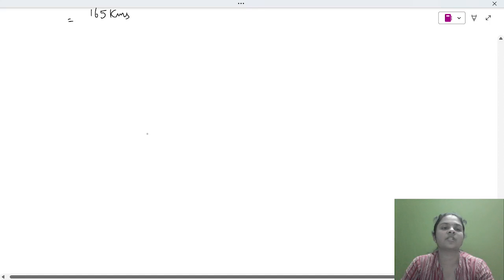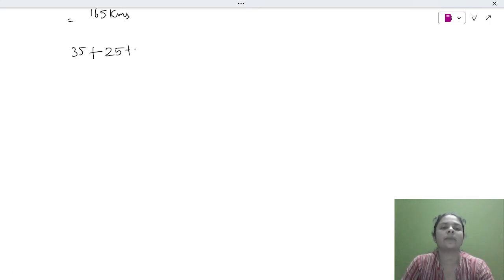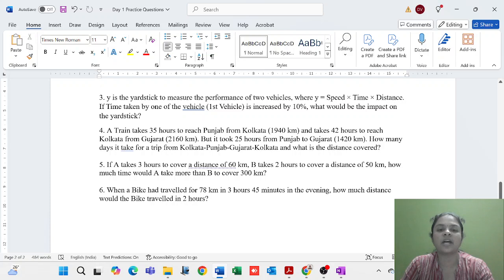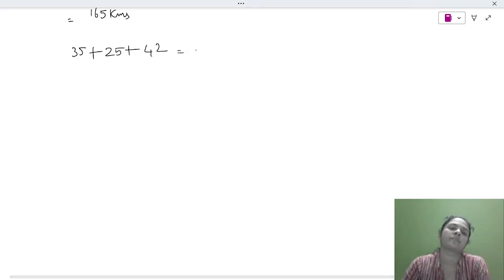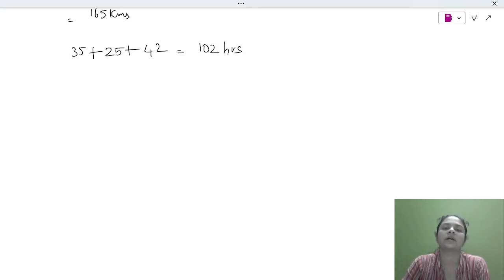So the first stretch will take 35 hours plus the second stretch will take 25 hours, and Gujarat to Kolkata is given, and vice versa will also take the same time, so it is 42 hours. So which is totally how many hours? 102 hours. Now divide by 24.